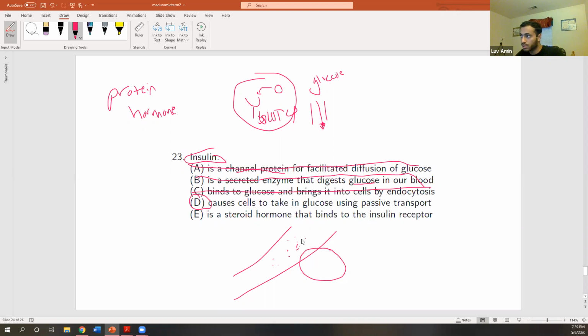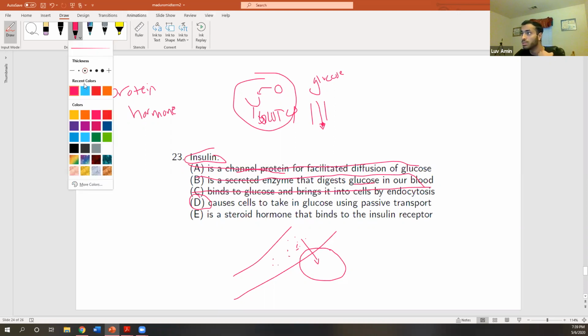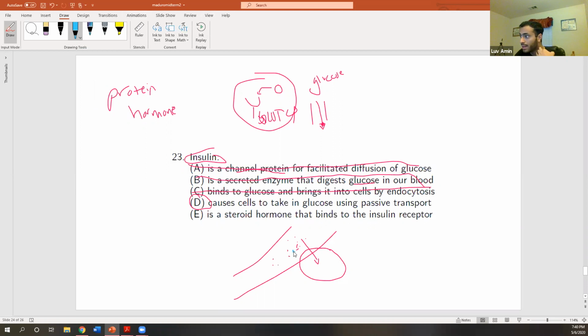If I have a high concentration of glucose, it will passively come into the cell if I open up a channel. So what happens is insulin, which I'll draw in blue, binds to an insulin receptor saying, hey, open up the channel. Once the channel opens up, simple diffusion occurs. High concentration of glucose in the blood, there is none in the cell, low concentration. It will come in on its own, right? Passive transport. So D is our perfect answer.